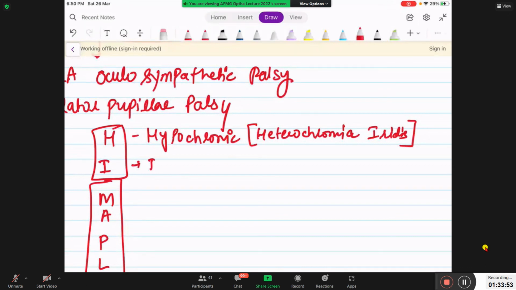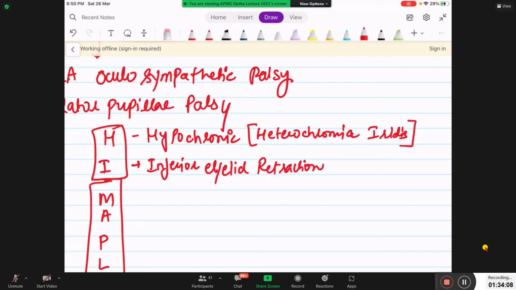I stands for inferior eyelid elevation. Sorry, not retraction: inferior eyelid elevation.